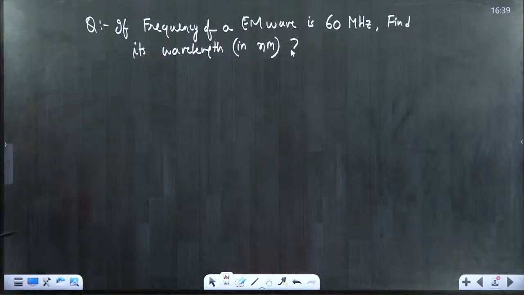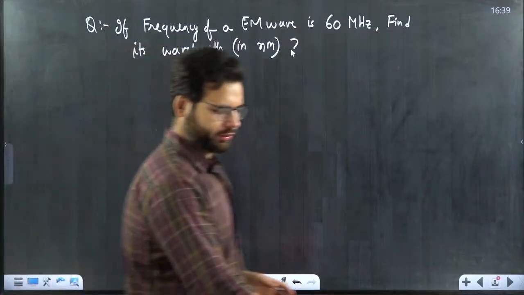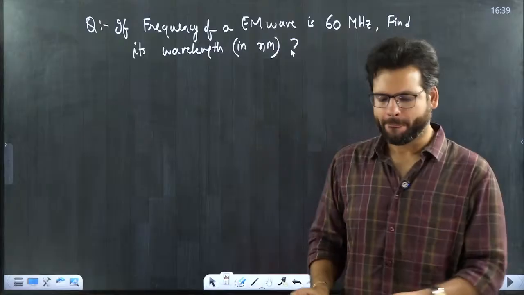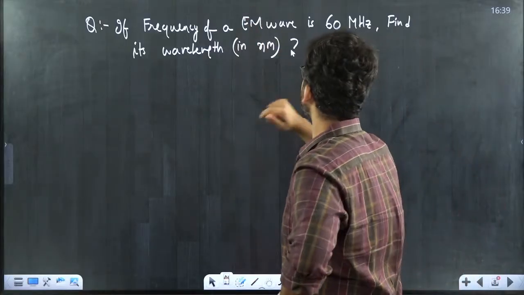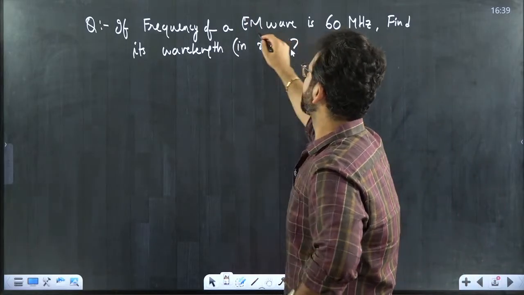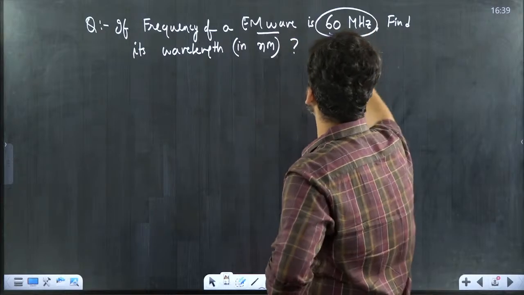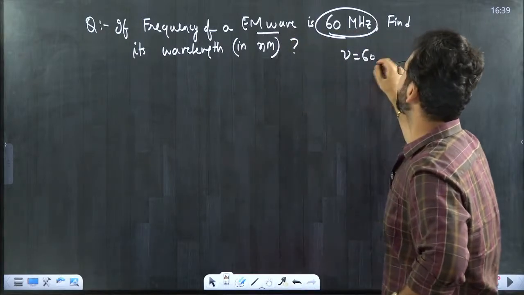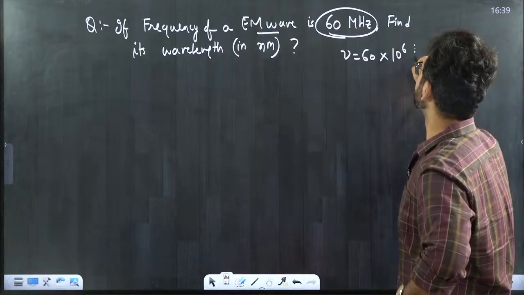Okay, so let us solve this. So the frequency is given as 60 megahertz. So nu is given as 60 megahertz. Mega means 10 power 6 hertz.